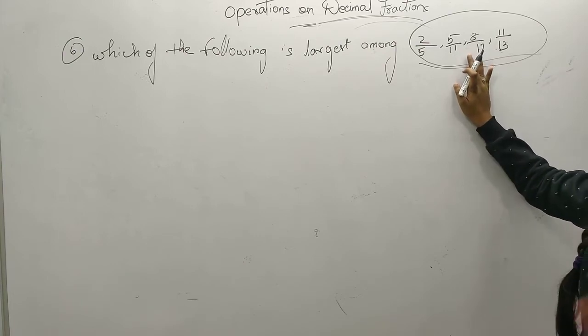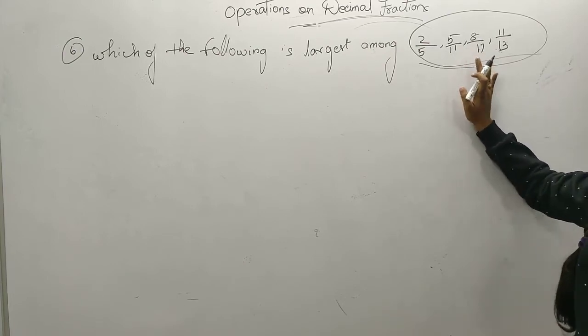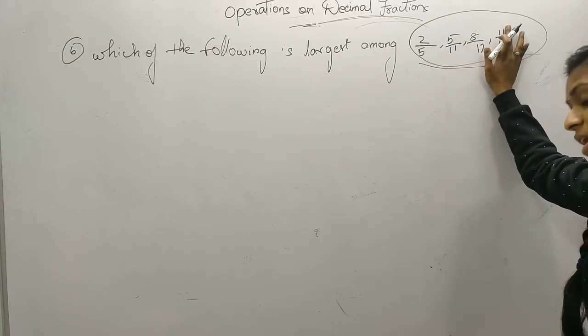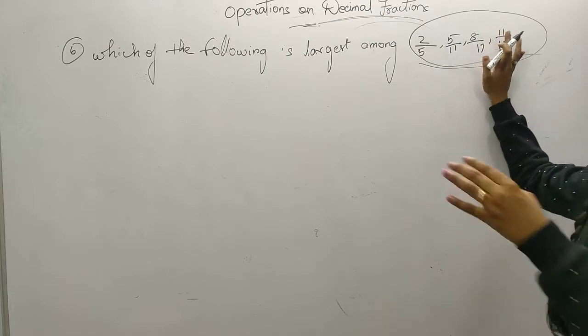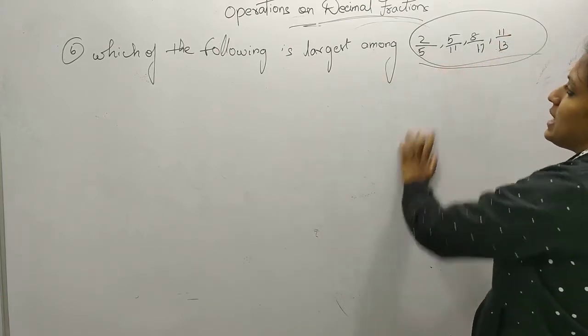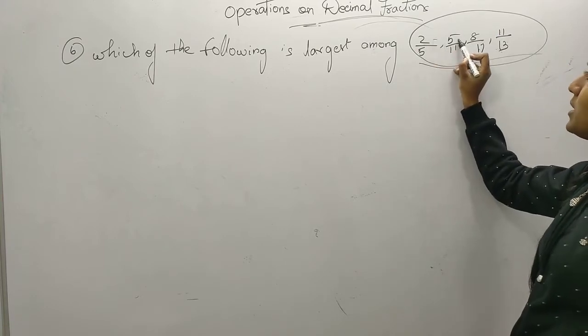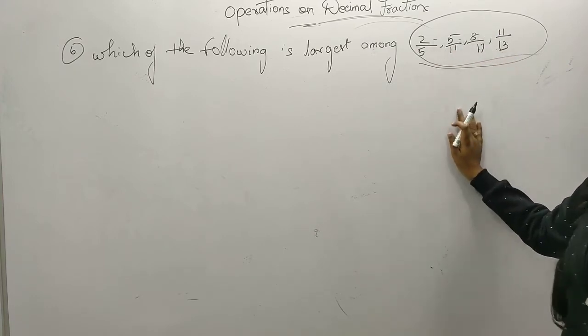But in this sum, as I told before, we would have to find the LCM of the denominators and multiply both the numerator and denominator. But here we also observe the difference. How much is the numerator difference and how much is the denominator difference?